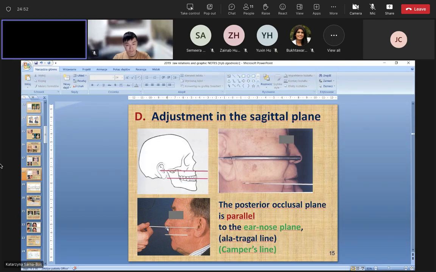This line is also called Camper's line. So we can say that the posterior occlusal plane, here you see, is parallel to Camper's line.